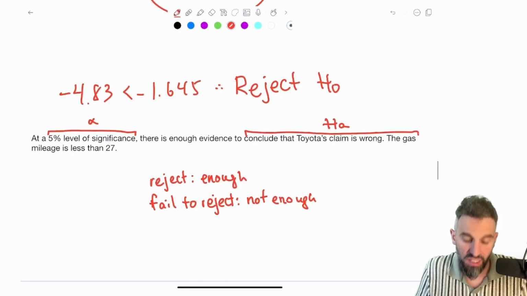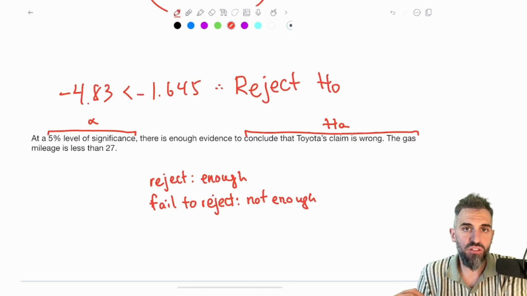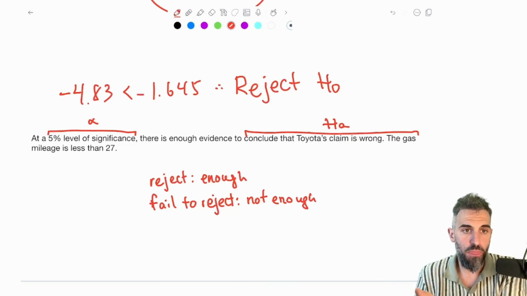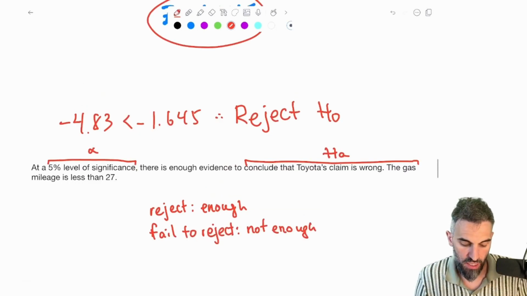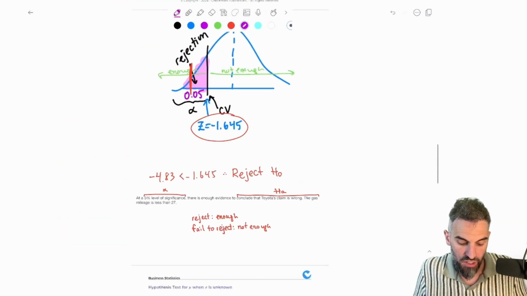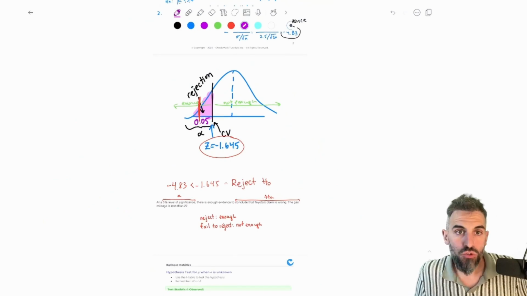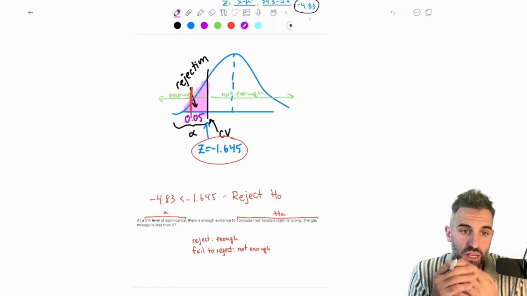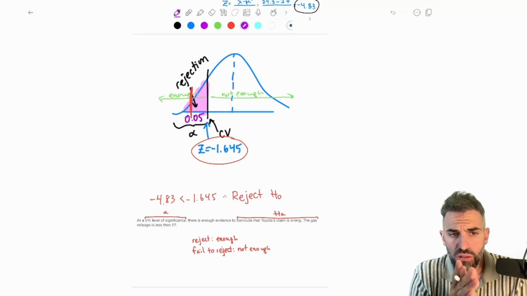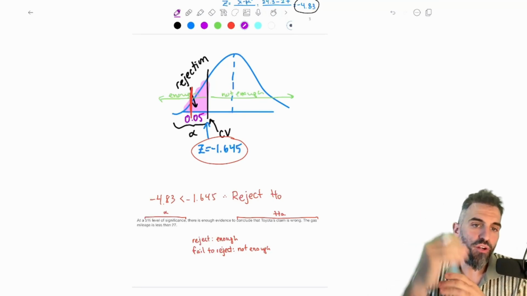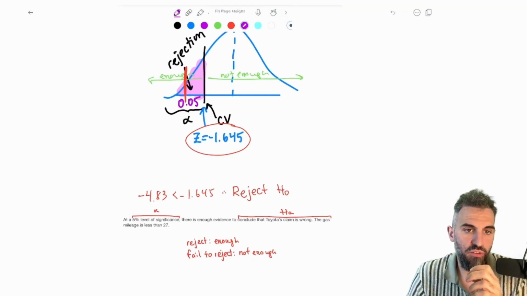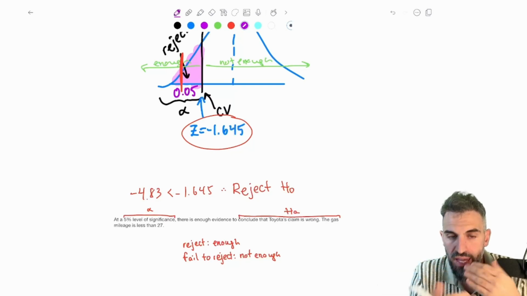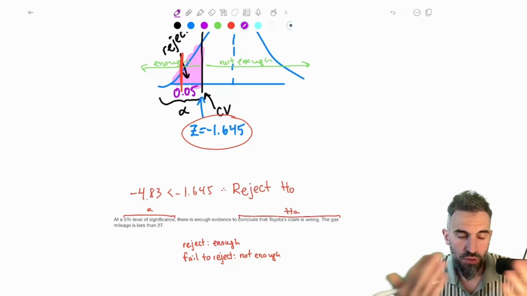Always state HA. You're saying you have enough evidence to conclude HA, or you don't have enough evidence to conclude HA. That's how you would write the correct interpretation, and that's how you take a statistical approach to testing a hypothesis. So we now have evidence where we can say that their claim is wrong with a very high level of confidence. In this case, the level of confidence would be 95% because we're using that 5% alpha. And that's the procedure of doing a hypothesis test.